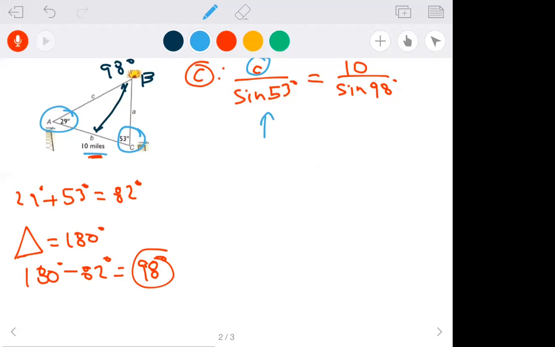Well, it's a fraction, so I need to get rid of the denominator. So I should probably multiply both sides by the sine of 53.